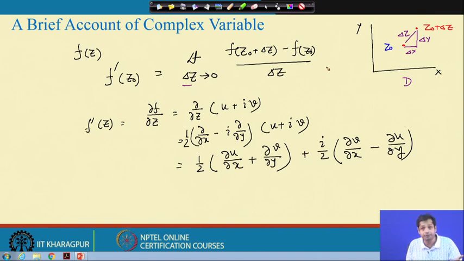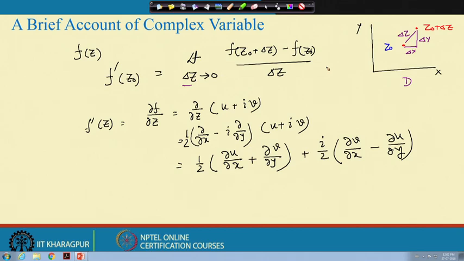If f is differentiable and single valued, then this should be valid for delta x equal to 0 and delta z approaching 0 along the delta y line, and similarly if we take delta y equal to 0 and allow delta z to approach 0 along delta x.